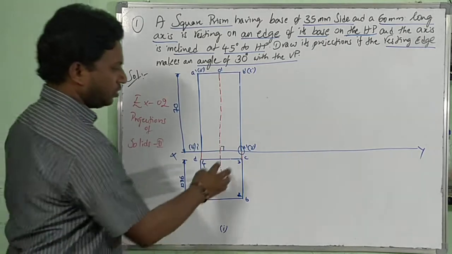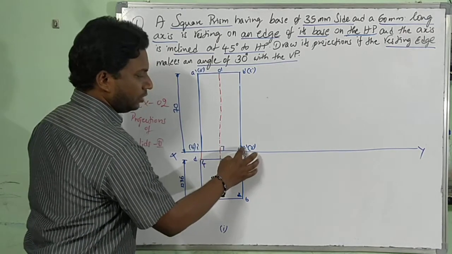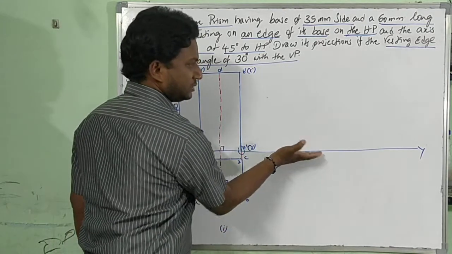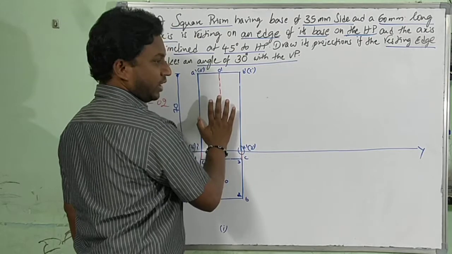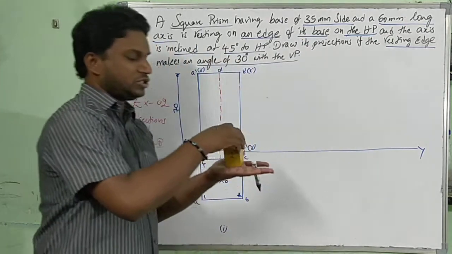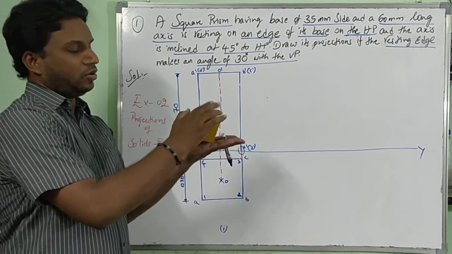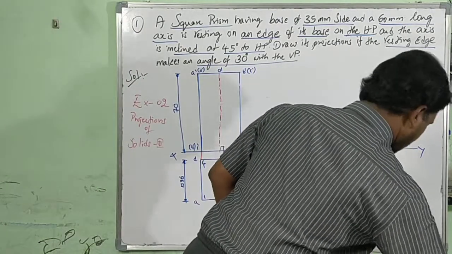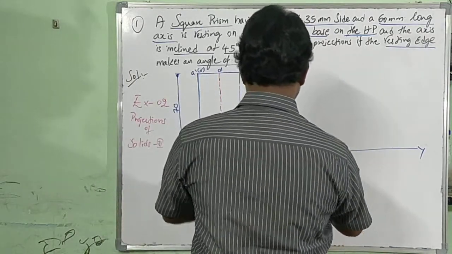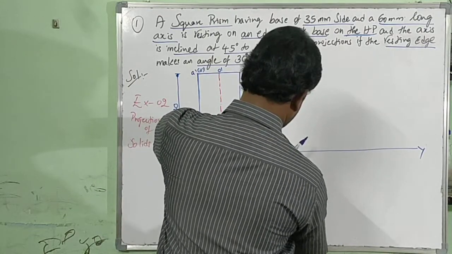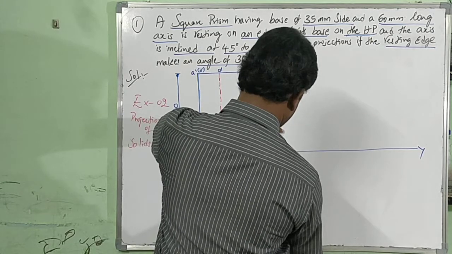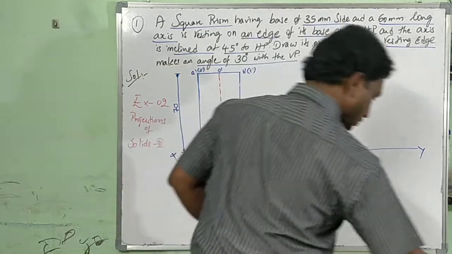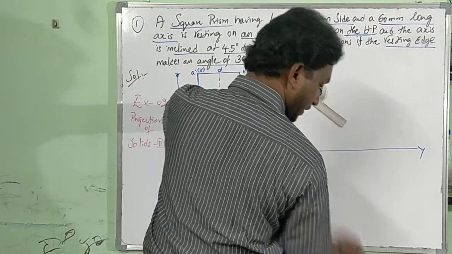So this 2 dash, 3 dash should be on the XY line such that the same square prism front view, which looks like a rectangle, is rotated at an angle of 45 degrees. So for that let us consider the 45 degrees axis line.